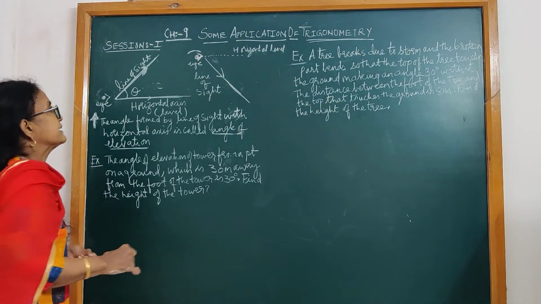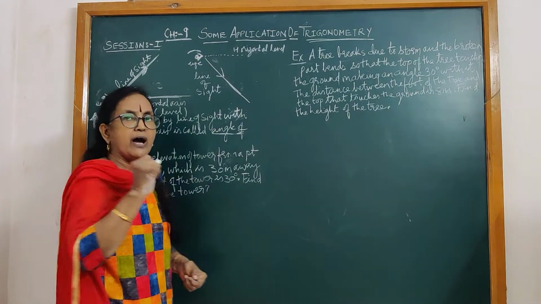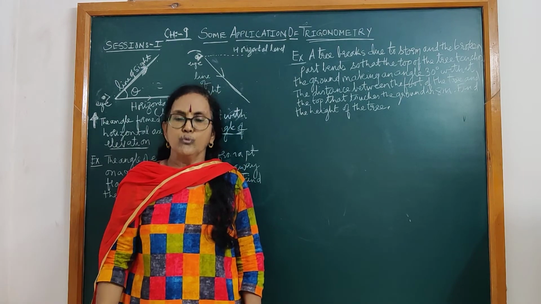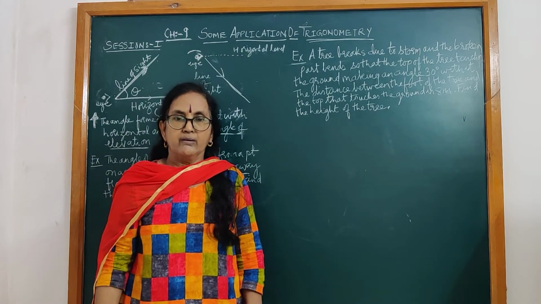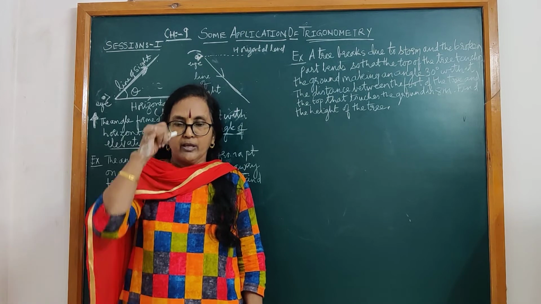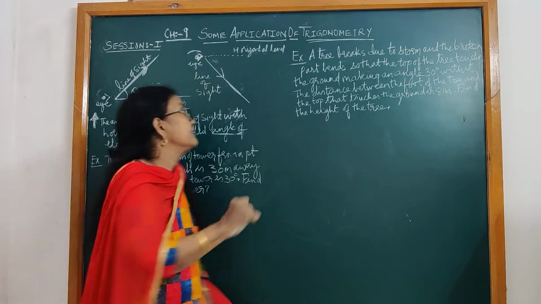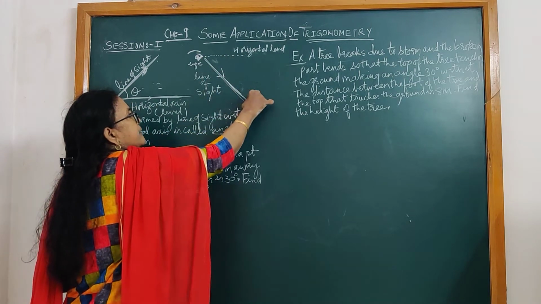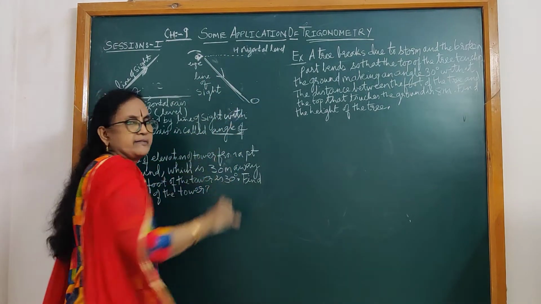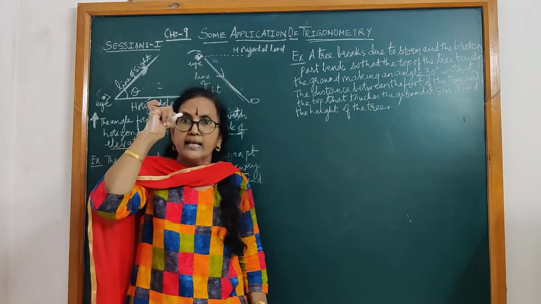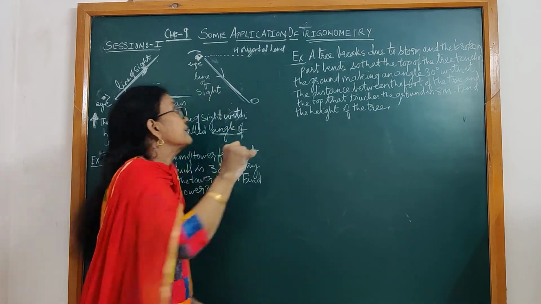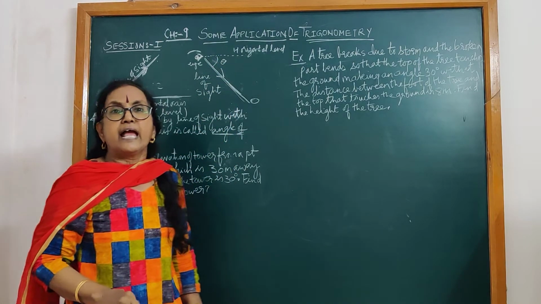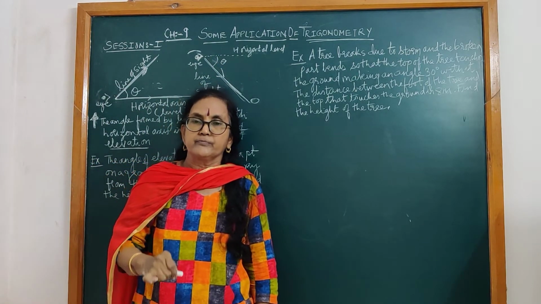Now we come to the next. Suppose your eyes are looking along the horizontal axis. Now you want to look at the bottom. When you are looking at the bottom, your line of sight is this. Your eyes should look this way, but you are looking at any object lying at the bottom. So your eyes again make an angle, this theta, and this angle you call the angle of depression.